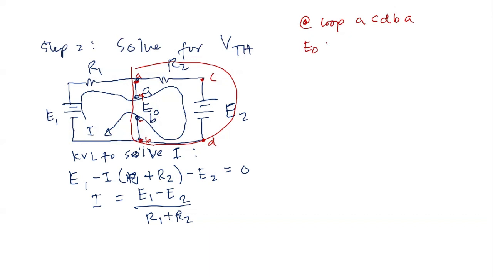Though there is no current, there is a voltage at the open circuited terminals. So we have plus EO in a clockwise direction and then minus I R2, since the current that flows through the R2 is to the right, so you have plus minus, and then the next element is the E2, minus E2. That is equal to 0. So EO will then be equal to E2 plus I times R2.